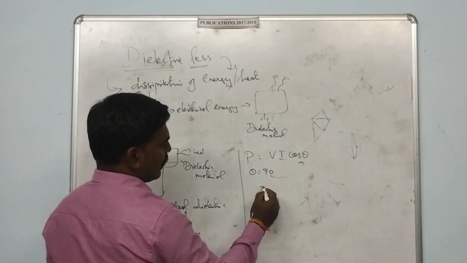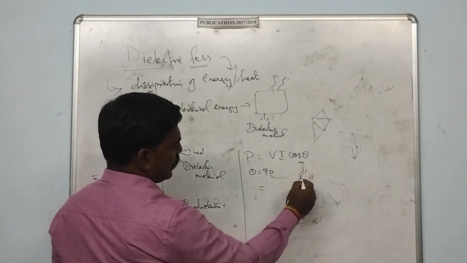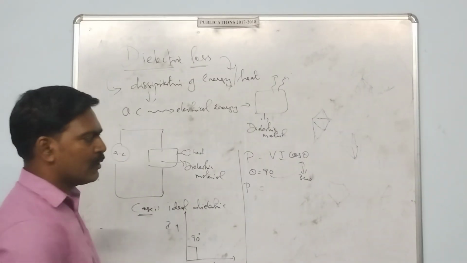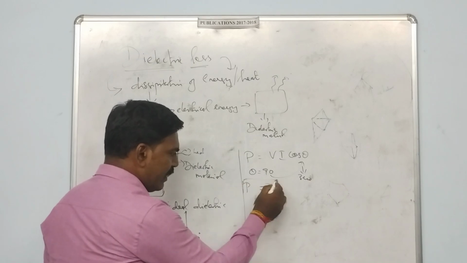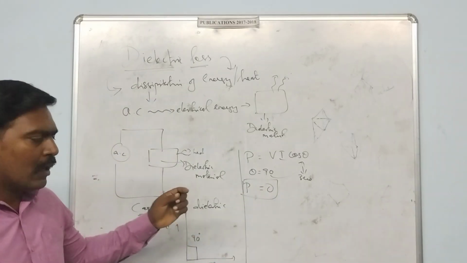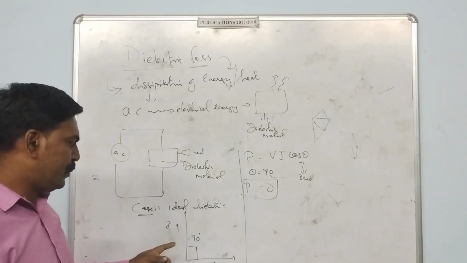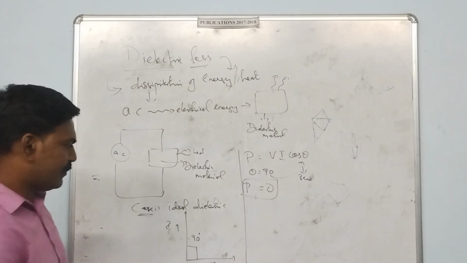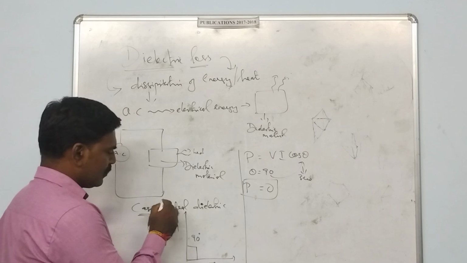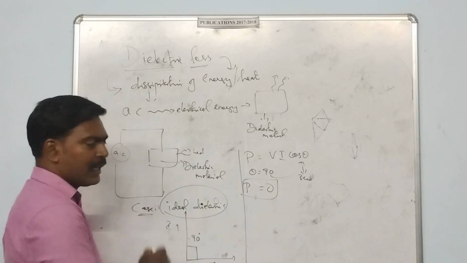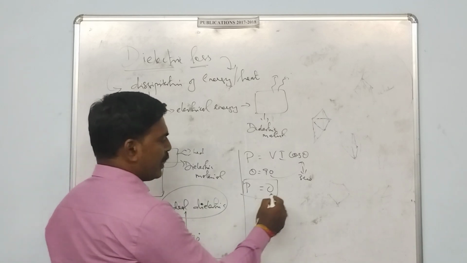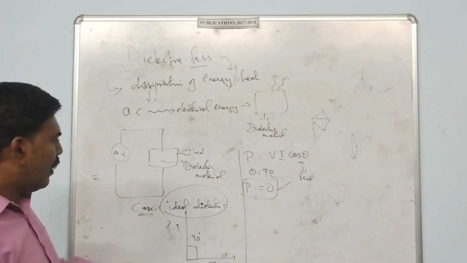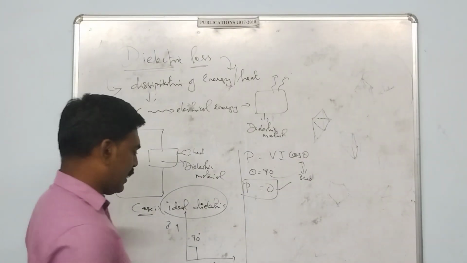Cos 90 becomes 0, and anything into 0 is 0. So this reveals that there is no loss for ideal dielectric material, which means P equals 0.